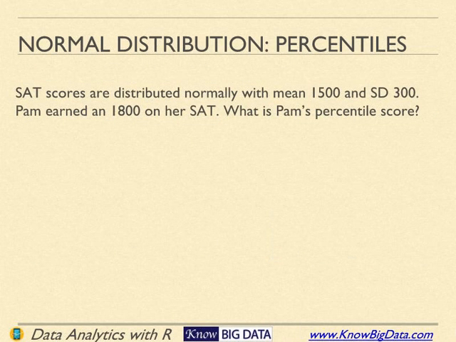What we want to find out is how many percentage of the candidates our Pam is better than. You are showing 84 or something, but I want to see if you can use pnorm. So the way I'm using pnorm, can you also use it?